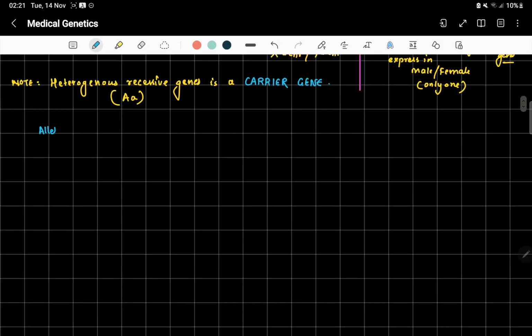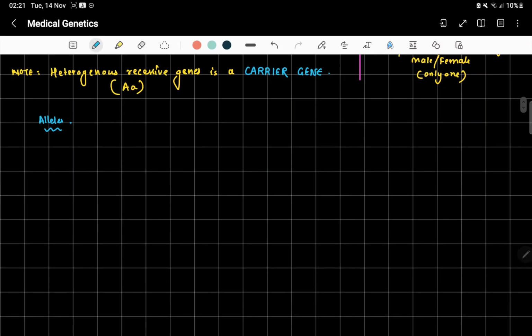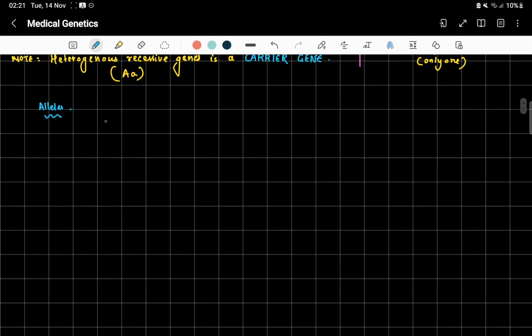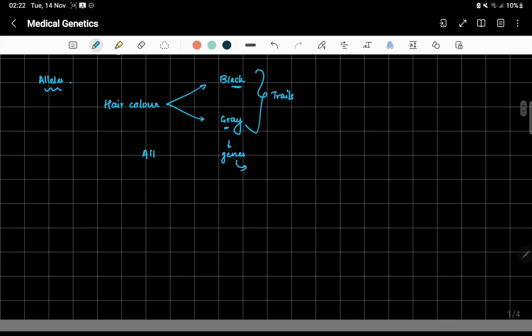Let's talk about alleles. Each diploid cell has a pair of genes for each characteristic or trait, which are called alleles. For example, hair color: black hair color as well as gray hair color are called traits, but the genes encoding the black and the gray, these alternate forms of genes, are called alleles.